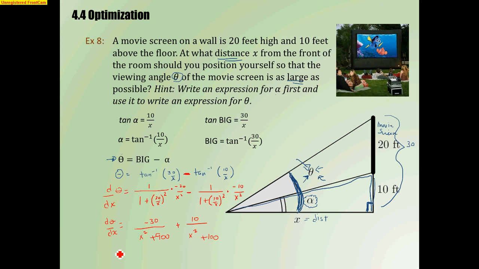When I had the derivative, I set that equal to 0. When I do that, I'm going to put 1 on each side, so we'll put 30 over x squared plus 900 equal to 10 over x squared plus 100. Cross multiply.